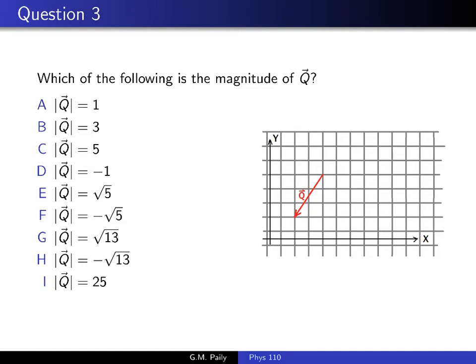What is the magnitude of the vector q? Take a few moments and calculate that. Your previous result using the components of q should help you get the answer here. The next slide will show the answer.